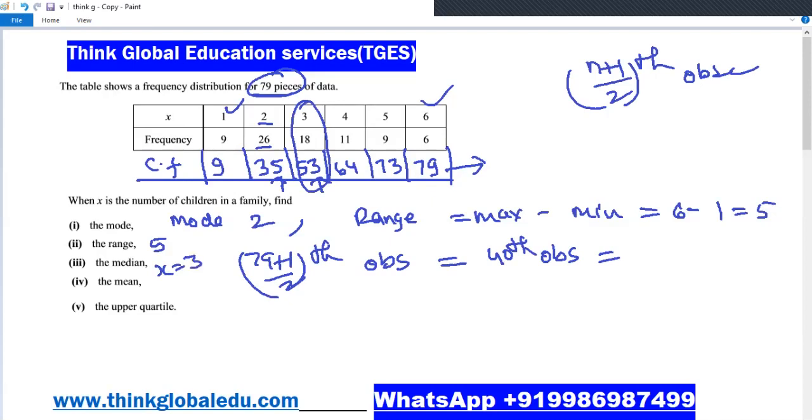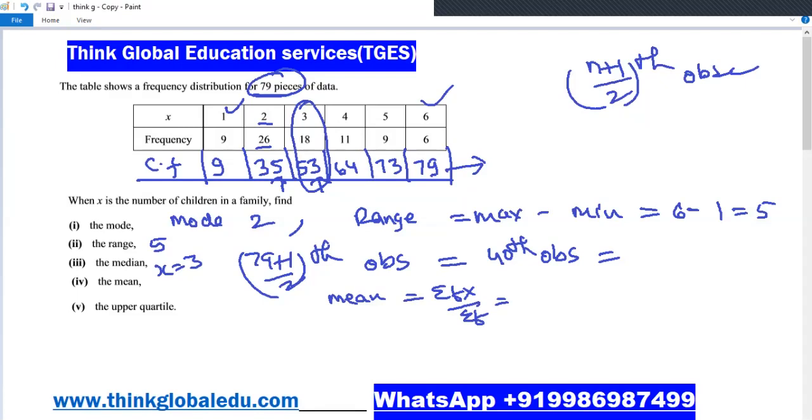Next, we have to find the mean. We can use the formula: mean is equal to sigma fx divided by sigma f. Sigma fx means multiplication of corresponding values of x and f, and adding all these.